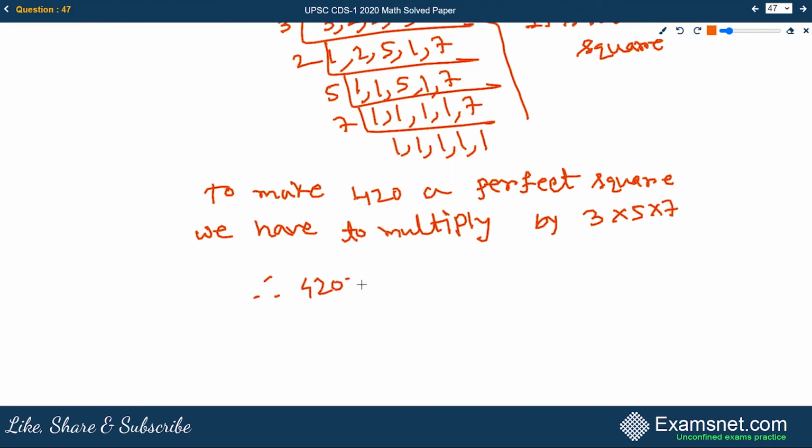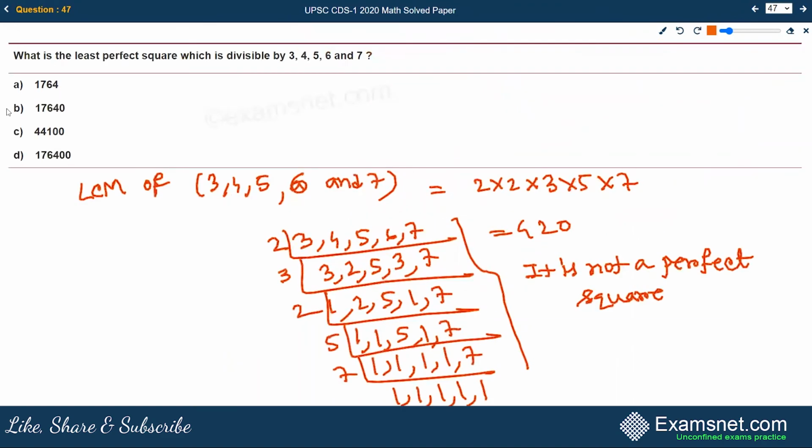Therefore, 420 multiplied by 3 multiplied by 5 multiplied by 7 will result in 420 multiplied by 3 5s are 15, 7s are 105. That would result in 44100. So here, yes, option C is the correct answer. 44,100 is the least perfect square which is divisible by 3, 4, 5, 6, and 7.